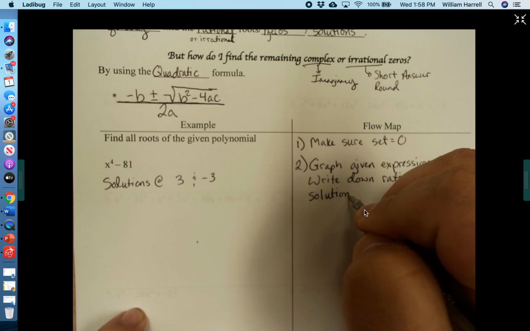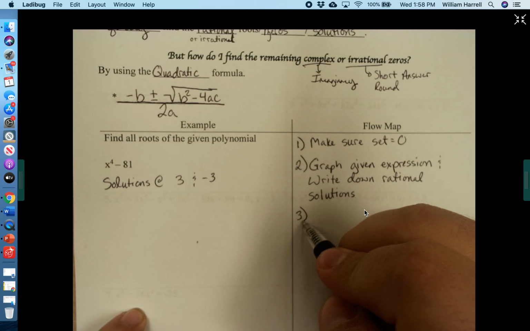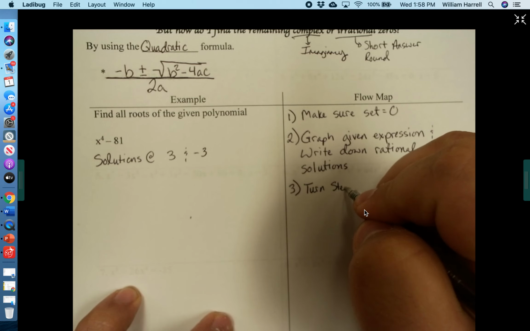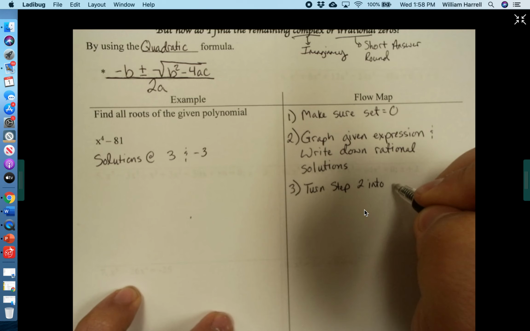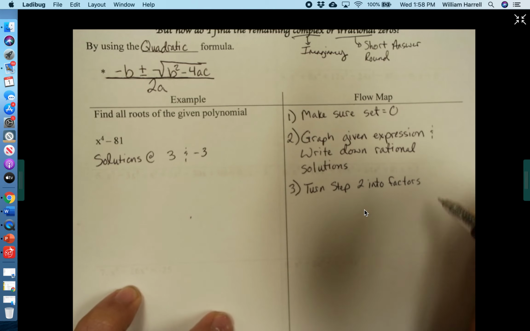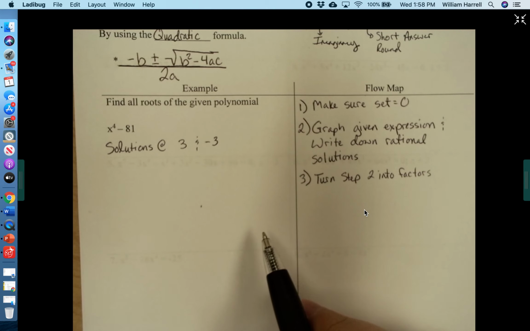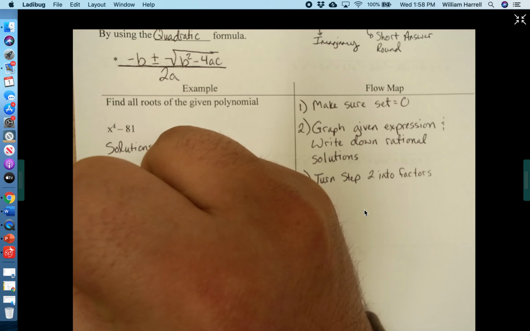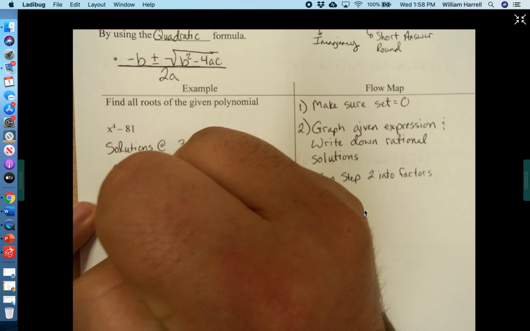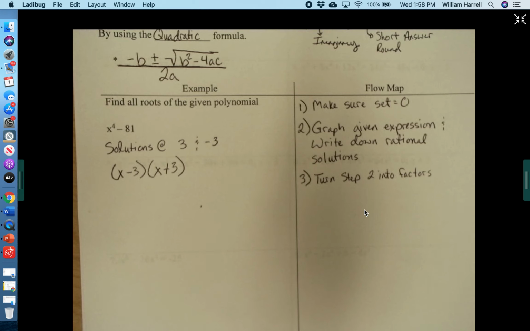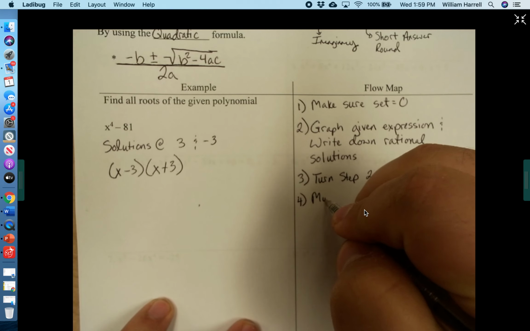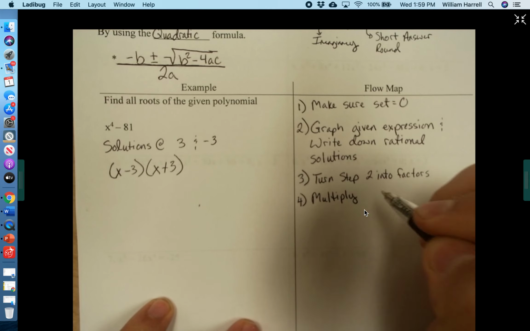and you need to then turn these into factors. The way you turn solutions into factors is to just rewrite them and take the opposite sign. So you're going to turn step 2 into factors, and then multiply them.